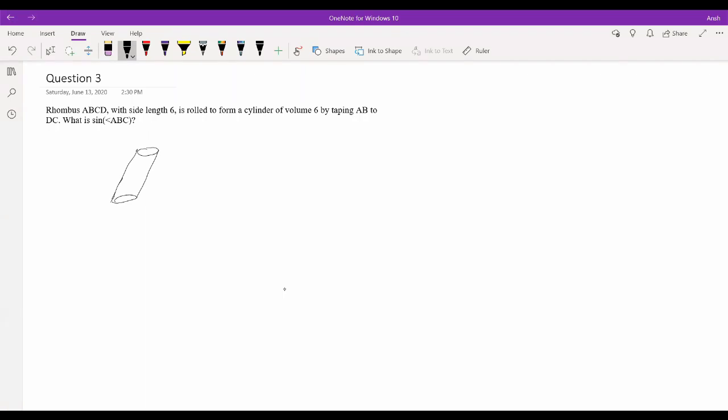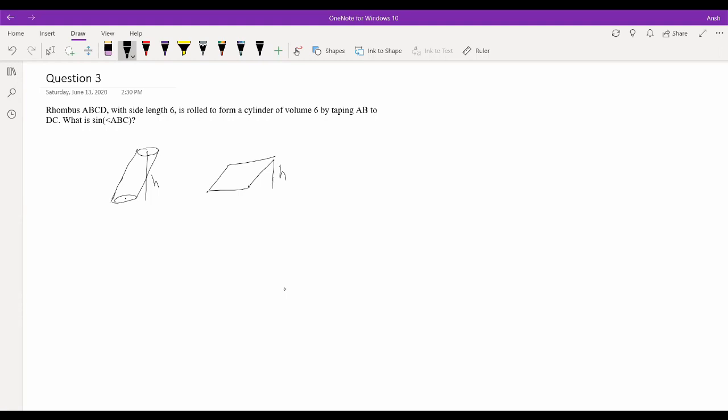If we drew out the cylinder, we can notice that the height of this cylinder is actually just the same thing as the height of the rhombus. So h of the rhombus is equal to h of the cylinder. To find h, we can actually just use some trig.